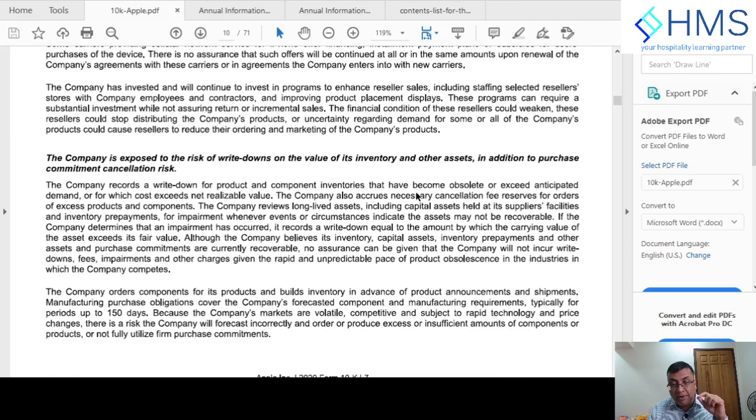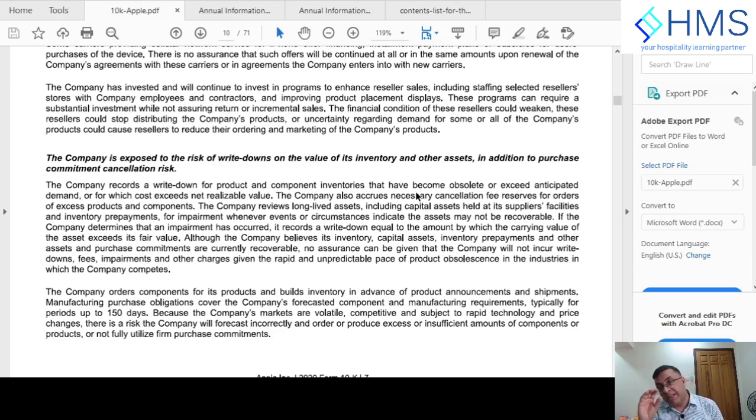Then the company is also exposed to the risk of write downs in the value of inventory. Why is the company saying that? Because it changes its products and services quite often. Whenever they launch a new brand, if a high inventory remains unsold in the market, the existing inventory may get a significantly lower value, because the prices of older models are always reduced when the new model is launched.